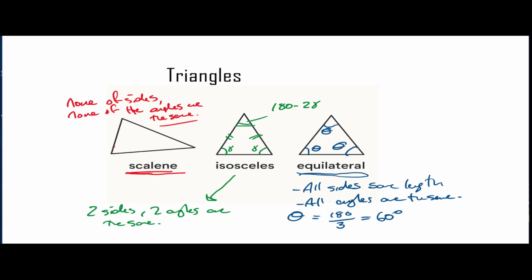So this angle here, this angle here, and this angle here are not going to be the same. A, B, C, not the same. They all add up to 180 degrees though, like all triangles. So A plus B plus C equals 180 degrees. That's that, really.